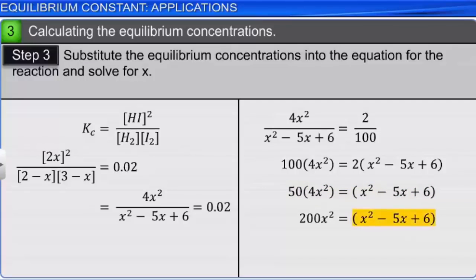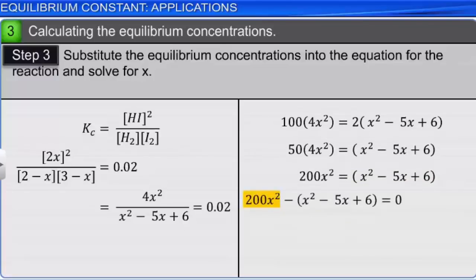This equation can be written as 200x square minus x square minus 5x plus 6 is equal to 0. This becomes equal to 200x square minus x square plus 5x minus 6 is equal to 0.